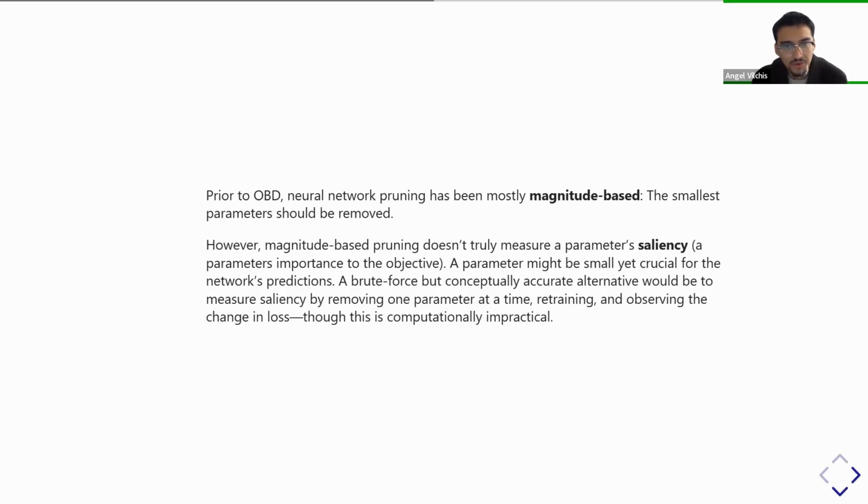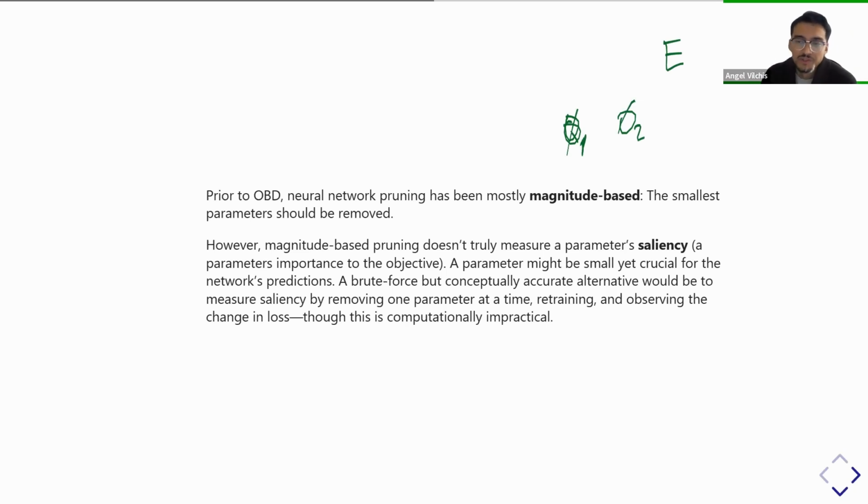But OBD states that this is not necessarily correct, because a parameter might be small but still be important to the objective. So let's say we have a parameter theta 1, and a parameter theta 2. And let's say we have an error, also known as the objective function in this case.